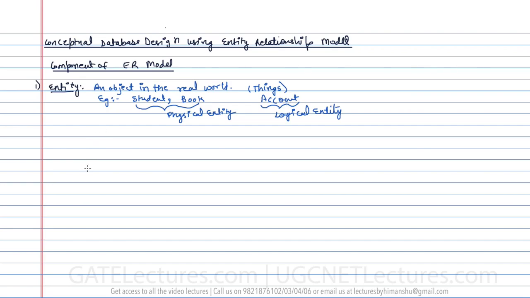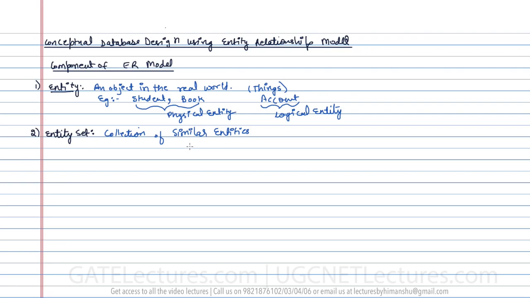Next is what is called an entity set. An entity set is a collection of similar entities. Like we have students: if we take one single student, that is an entity because it is representing an object.